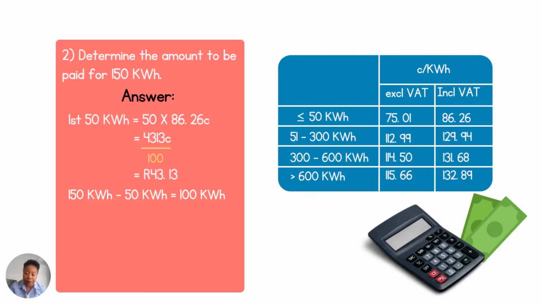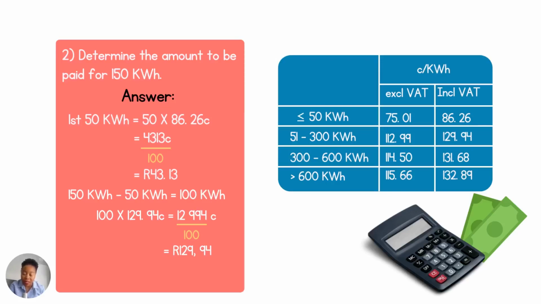So there, we know that whatever you use within that block, you will be charged 129.94 cents, including VAT. The next thing, you divide by 100 to get your answer in rands. Then my new answer will be 129 rands, 94.